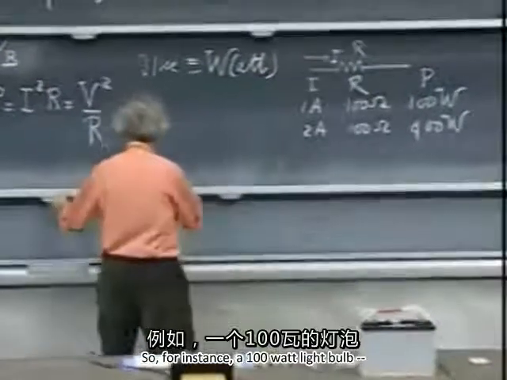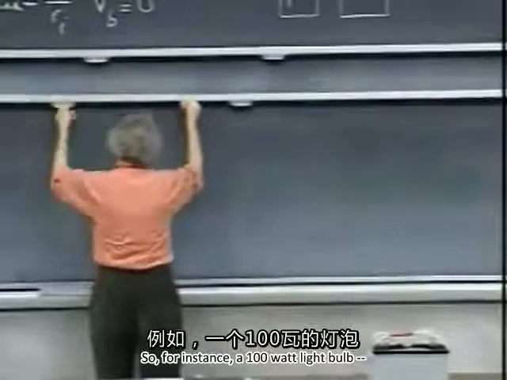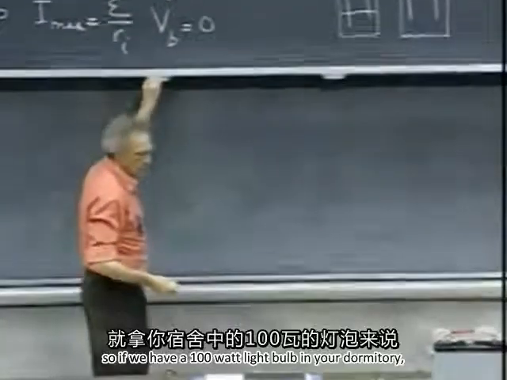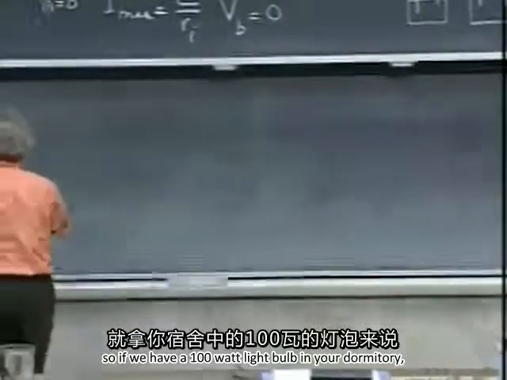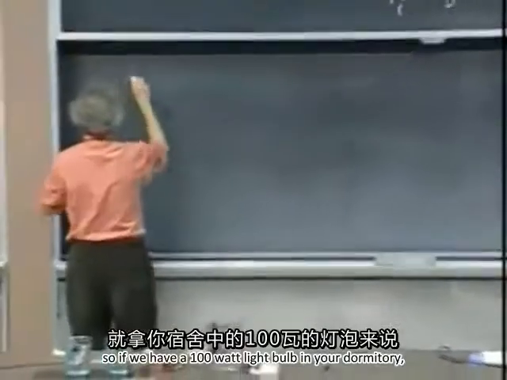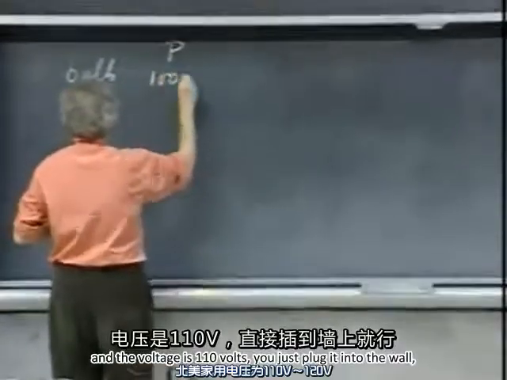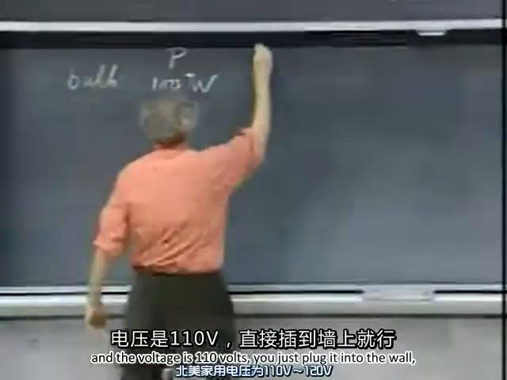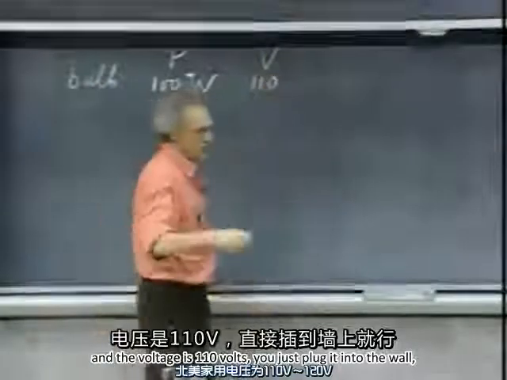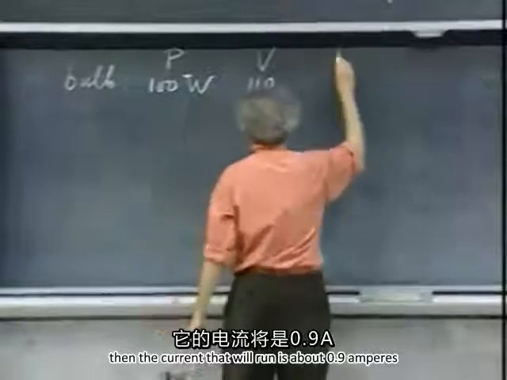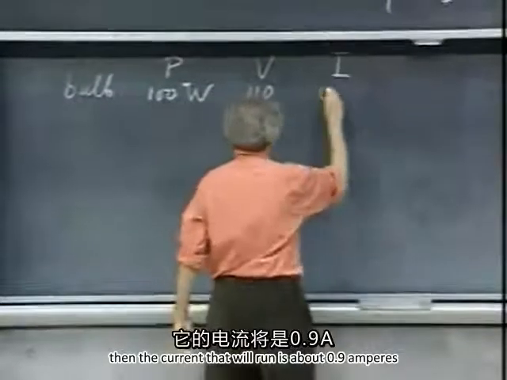So, for instance, a 100-watt light bulb. If we have a 100-watt light bulb in your dormitory, and the voltage is 110 volts, you just plug it into the wall, then the current that will run is about 0.9 amperes.